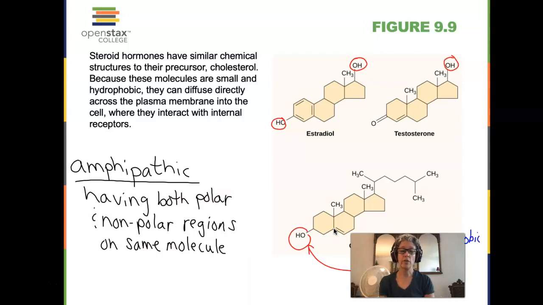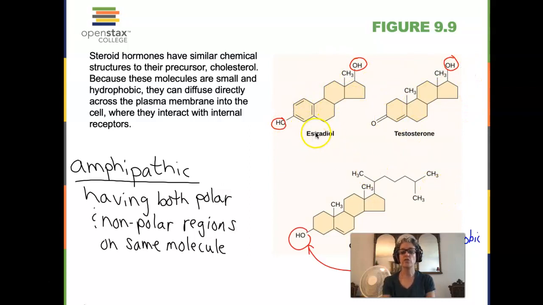Lipids are grouped together as macromolecules because they are big, and they are primarily hydrophobic. They are water-hating. They have small areas that are polar, amphipathic, they have both, but they are tiny, tiny functional groups compared to the rest of the molecule.